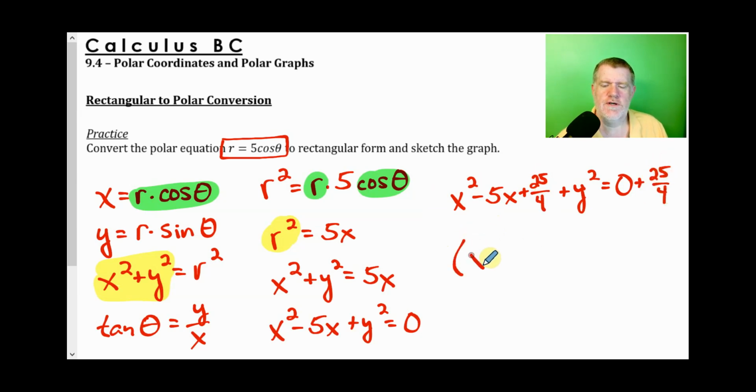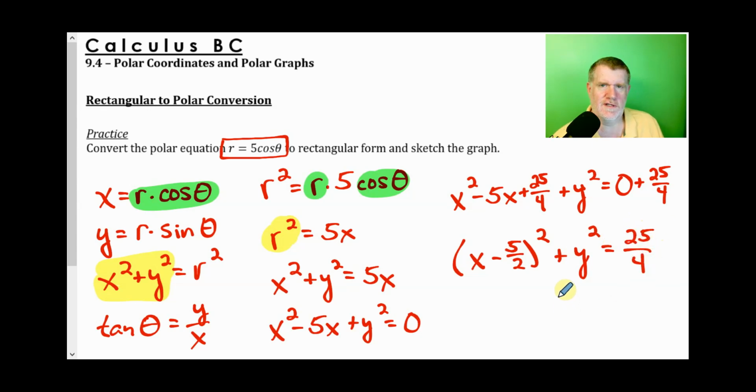So this becomes x minus 5 halves squared plus y squared equals 25/4. So the circle has a radius of 5 halves, because it's the square root of this, and its center is 5 halves, comma, 0.